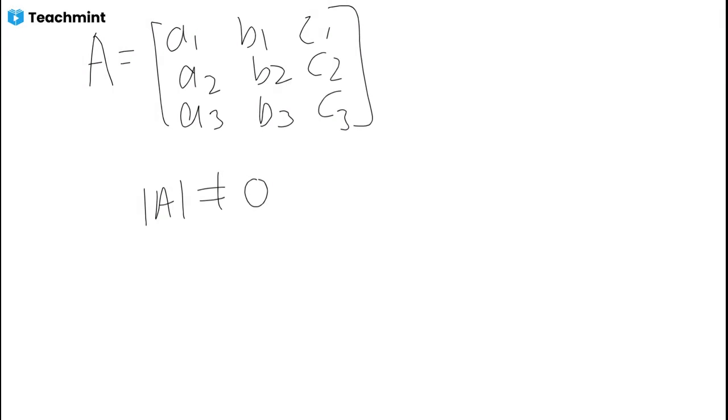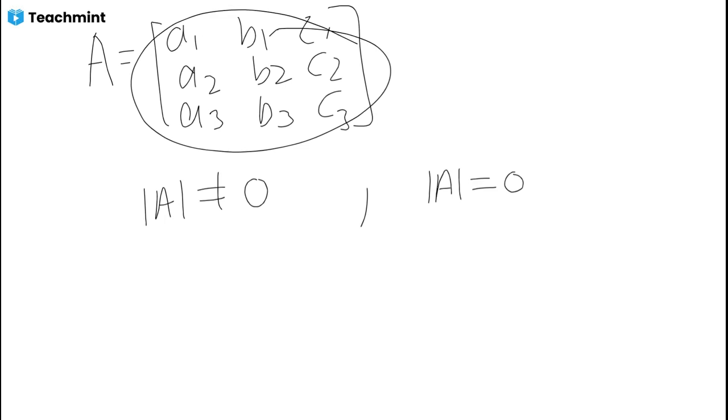In another case, if the determinant of A is equal to 0, then using elementary row or column operations, we'll reduce this matrix into 2 by 2. Then we'll find the determinant of that 2 by 2 and check that if it is non-zero, then we can say its rank is 2. Otherwise, if still for 2 by 2 its determinant is 0, then we can say its rank is 1 only.